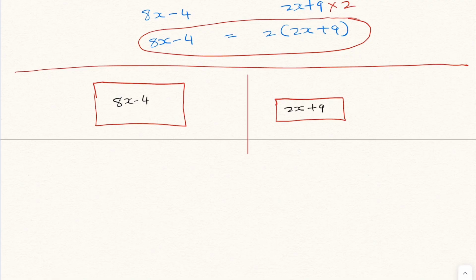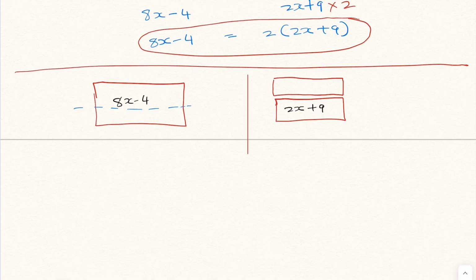So we can see that these rectangles are not equal. In order to make them equal, we have two options. Either we divide this rectangle into two, or we can double the other rectangle by adding another one.